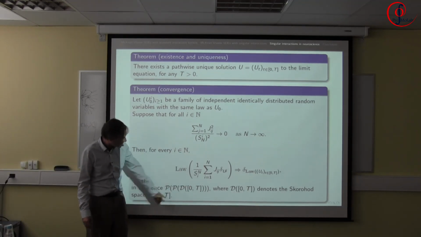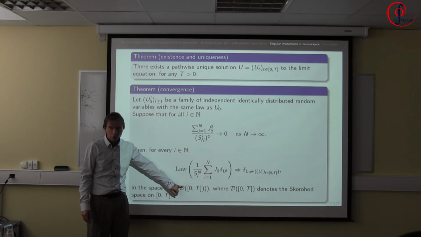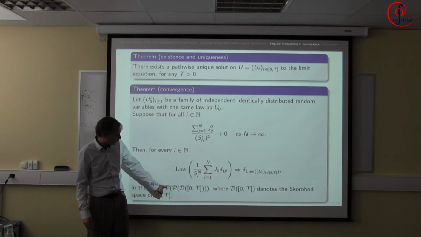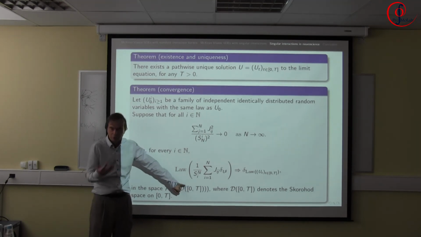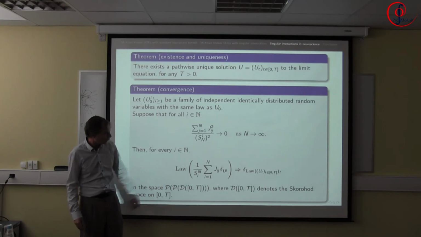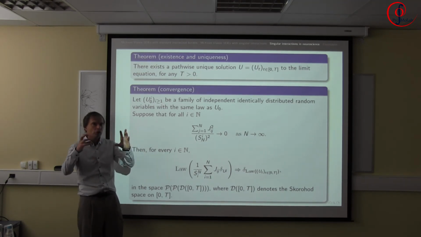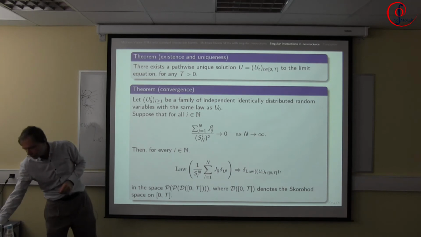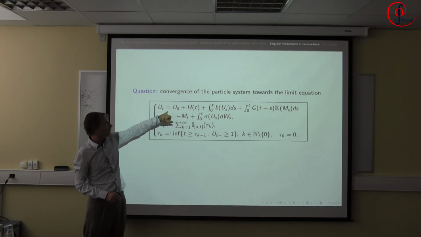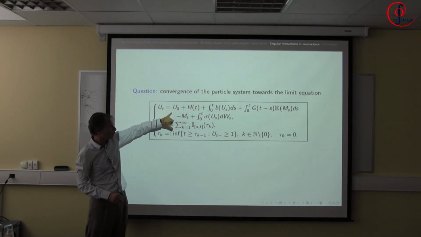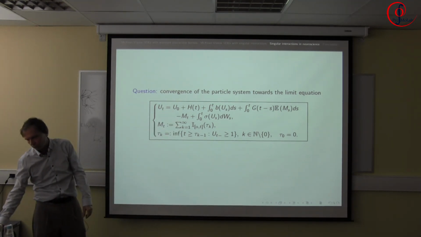So on the space of trajectories, you take the probability distribution of the empirical measures on the space of trajectories, and these probability distributions converge weakly to the probability distribution, which is a Dirac measure at the only probability distribution on the space of trajectories, which is the probability distribution of the unique solution to this nonlinear stochastic differential equation.